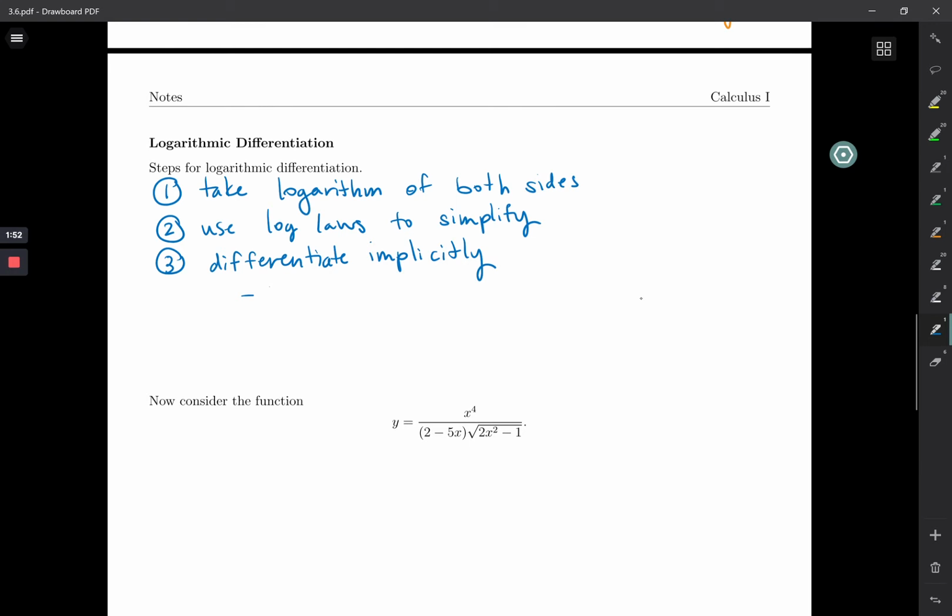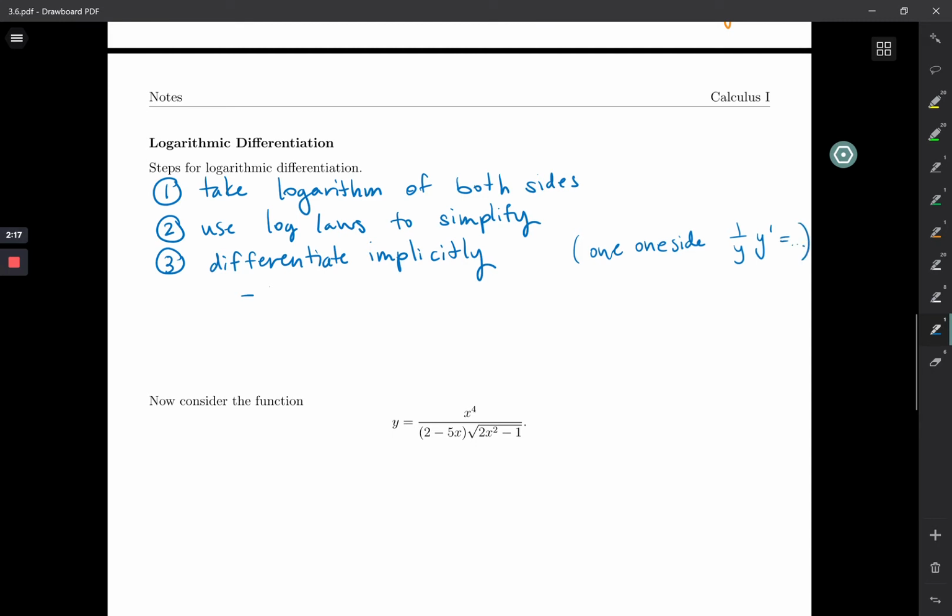When you differentiate implicitly, you'll always have natural log of y on one side, and the derivative, you'll get 1 over y times y prime equals some other stuff.